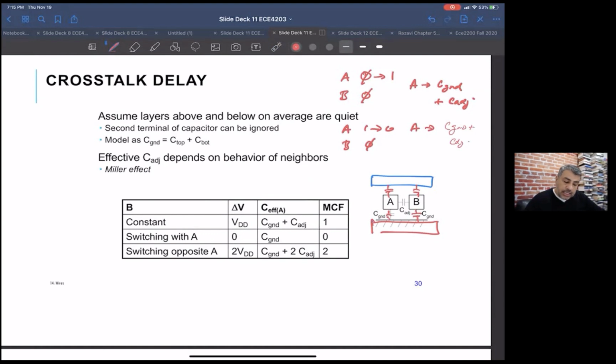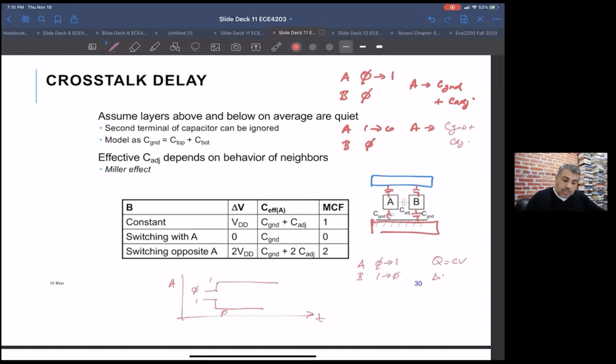But let's say A is transitioning from 0 to 1 and B is transitioning from 1 to 0. So in other words, you have in time, A going from 0 to 1 and B going from 1 to 0. Now, because they're going in different directions, it looks like you have twice the capacitance between these two lines. Or, another way to look at it is Q is equal to CV, okay?